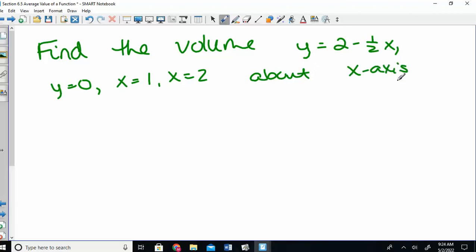Okay, so I should probably say a little more. Find the volume of the solid obtained by rotating the region bounded by all these curves around the x-axis. I just didn't want to write all that. So, we have to start with a good picture here. When I say y equals 0, what is that?